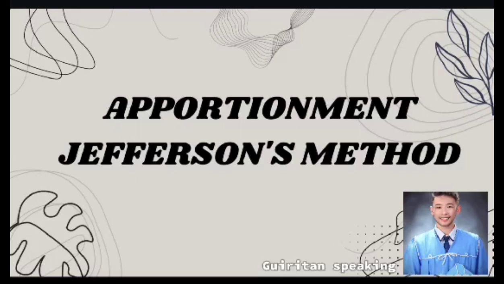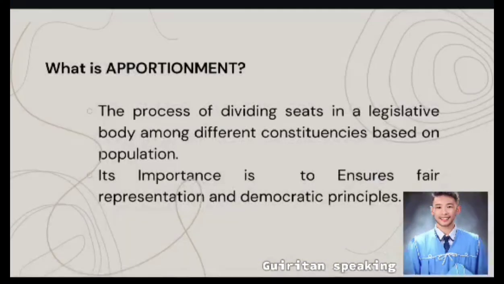In the duration of this presentation, we will be talking about apportionment using Jefferson's method. First, let us take an identification or definition of what apportionment is in Jefferson's method. Apportionment is the process of dividing seats in a legislative body among different constituencies based on population.